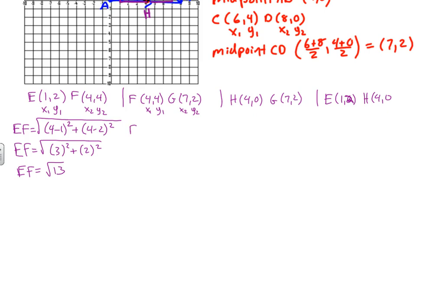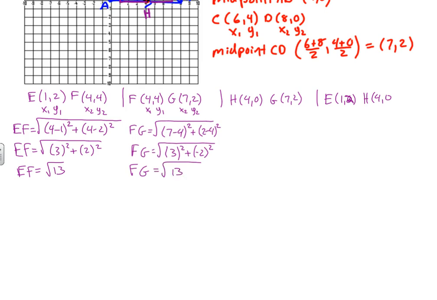Here we have FG: 7 minus 4 squared and 2 minus 4 squared. 7 minus 4 is 3 squared plus negative 2 squared, which is 9 and 4, which is 13.